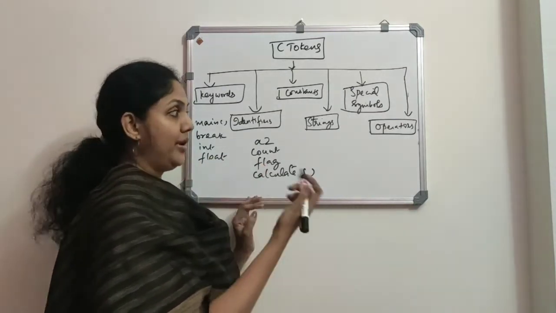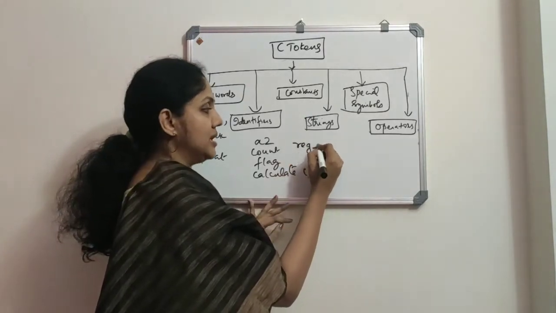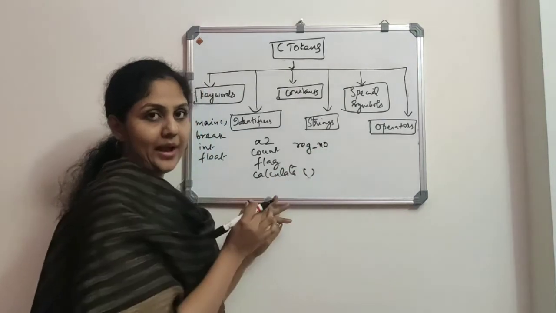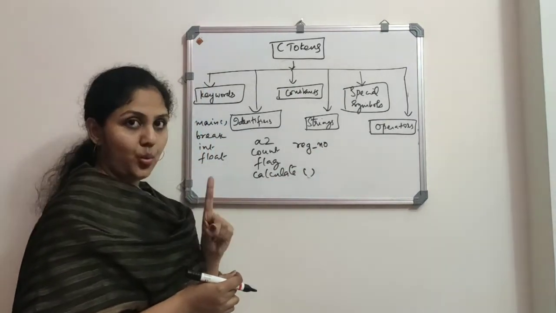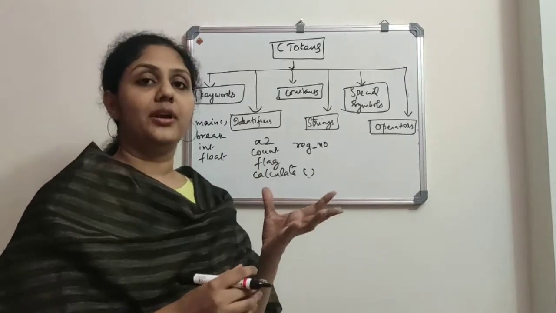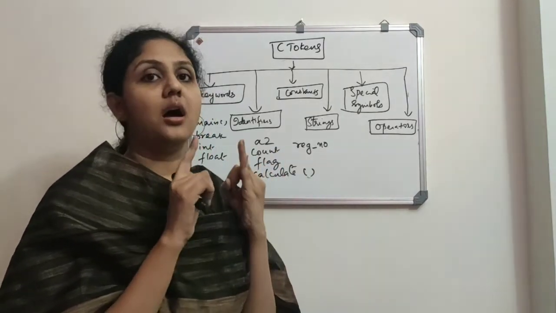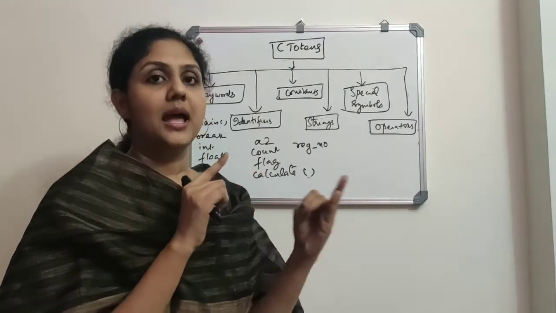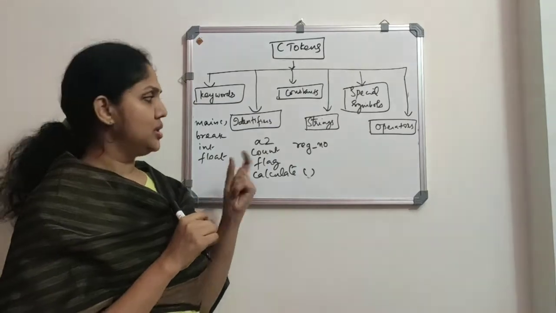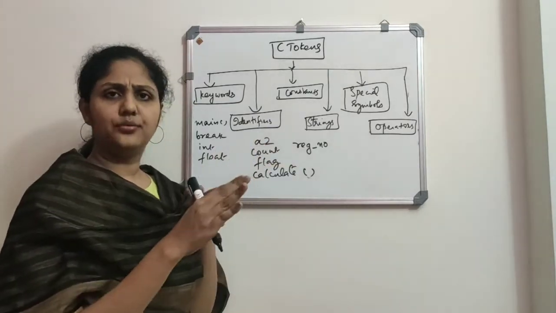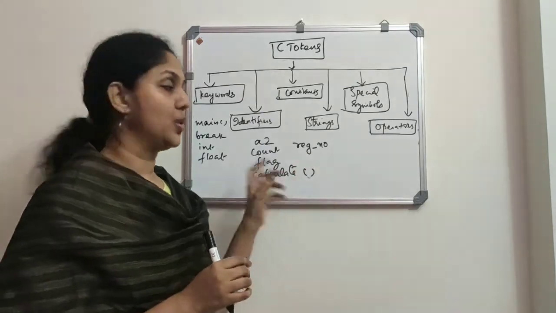If I want to write register number, register underscore number is fine. That is rule 1: identifiers can be written with alphabets, digits, and an underscore.